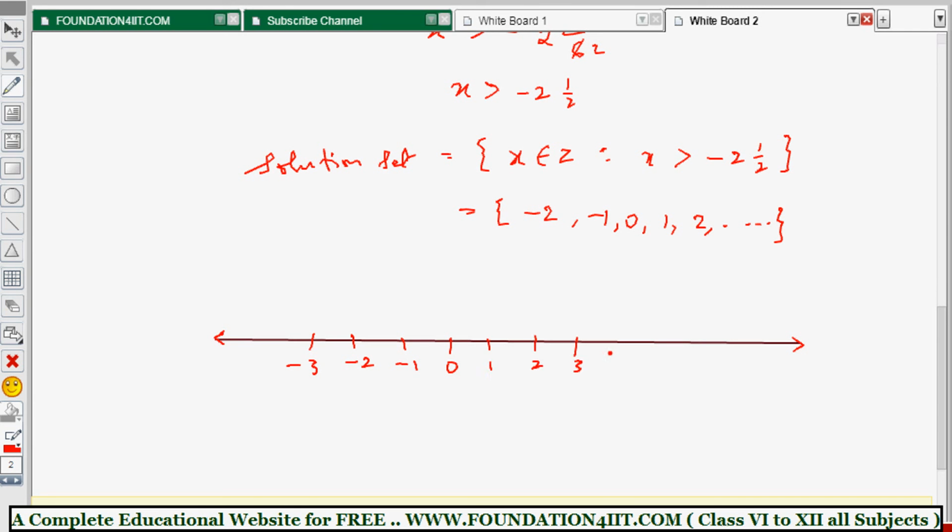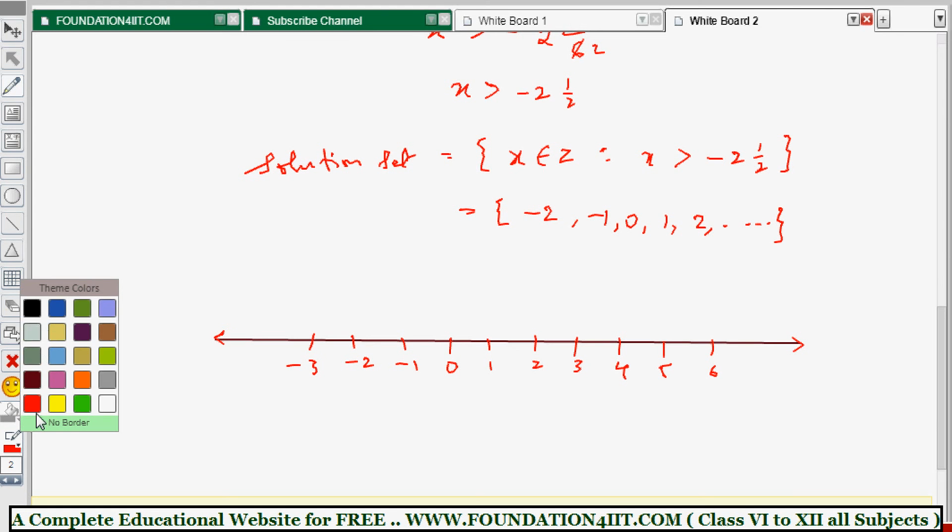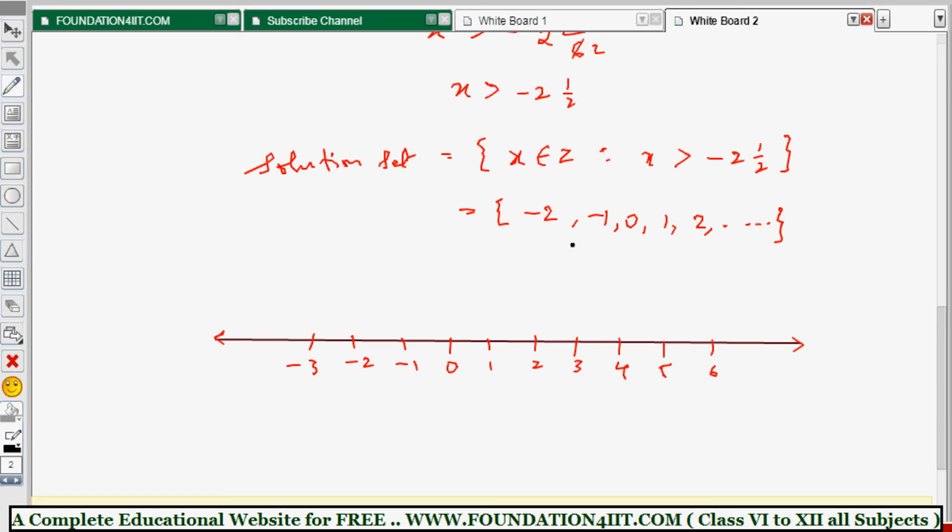We can maintain the same gap so it looks very neat, then 5, 6 and so on. We need to represent with black dots, black circles. So minus 2 is also there: minus 2, minus 1, 0, 1, 2 and so on.